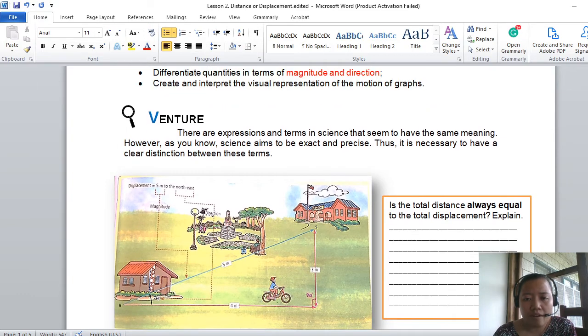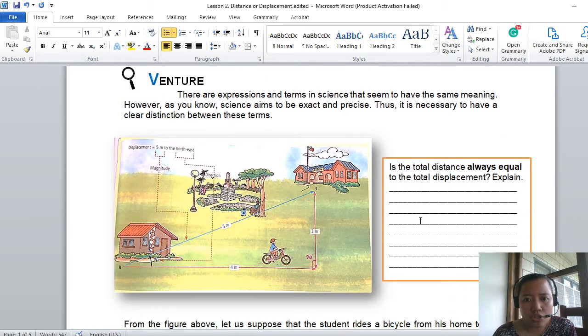Now, we have here a picture, and this picture will show the distance and the displacement. So, there is a question. Is the total distance always equal to the total displacement? Explain.